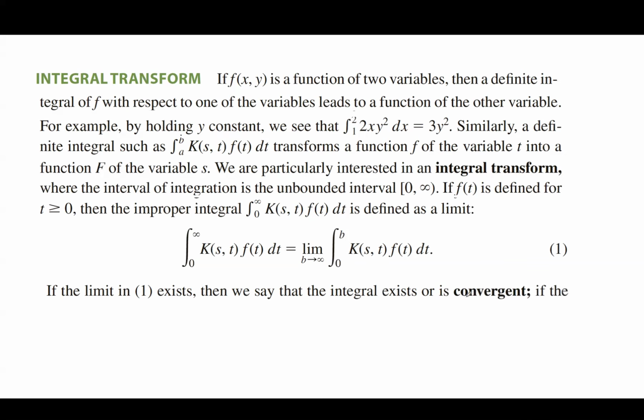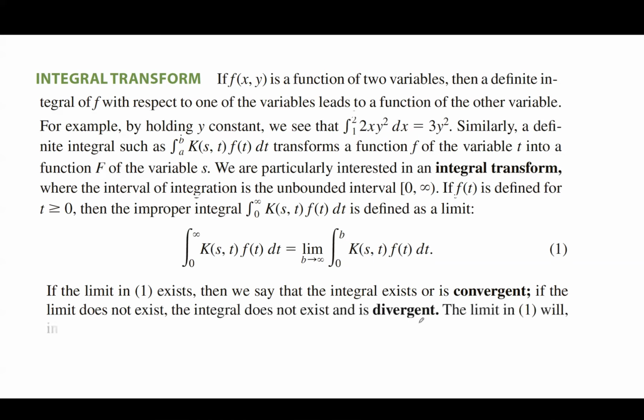We also use this in calculus when we are working with series as well. If the limit doesn't exist, then the integral doesn't exist and it is a divergent integral. The limit here will in general exist for only certain values of the variable s.